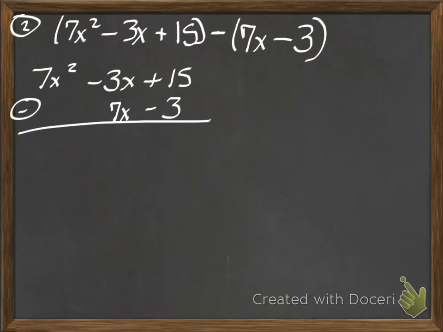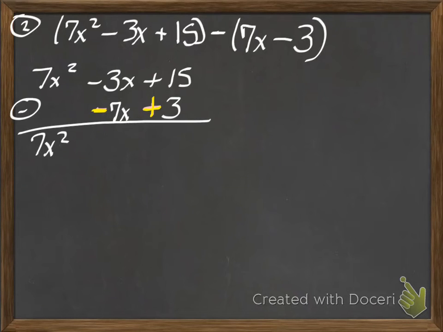But subtraction means that I need to come through here and switch all my signs. So that original positive became a minus, that original minus became a plus. So 7x squared minus nothing is still 7x squared.